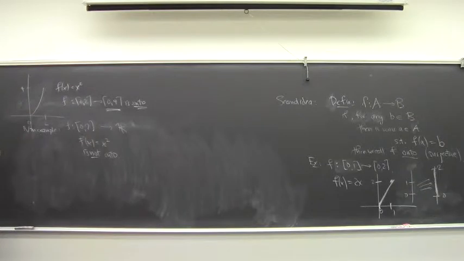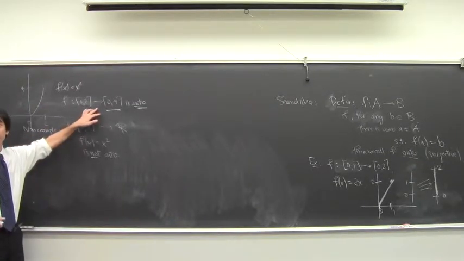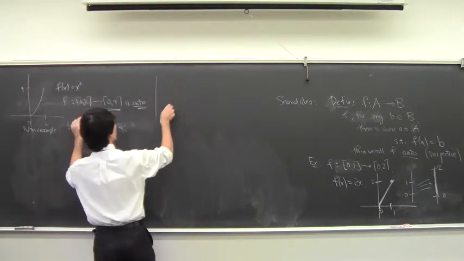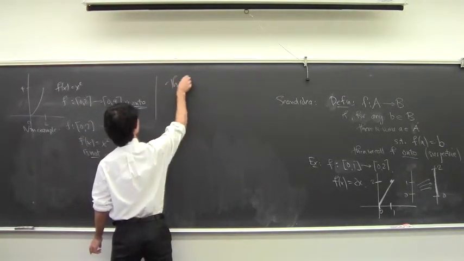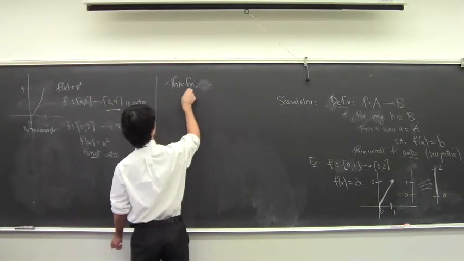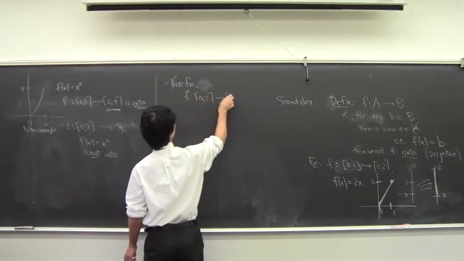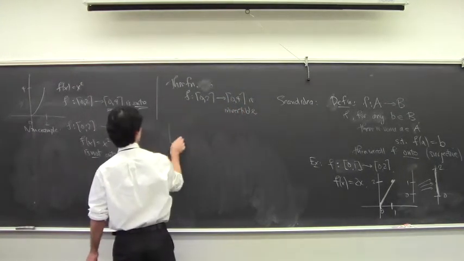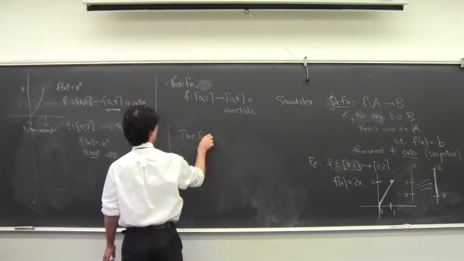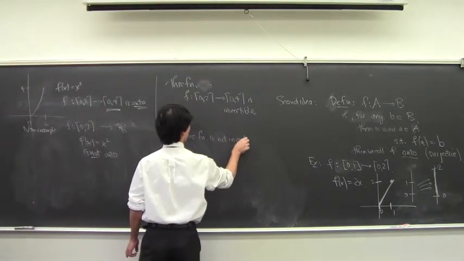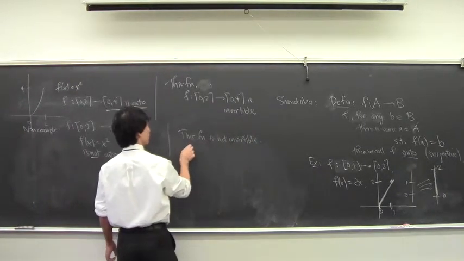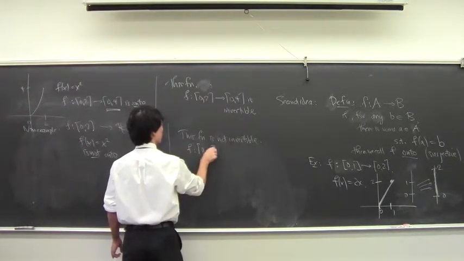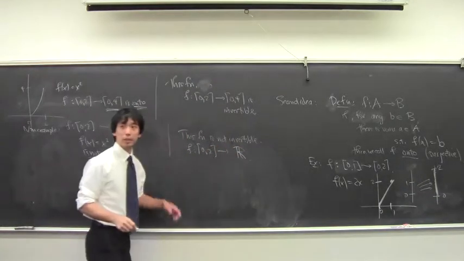Okay, so here's the thing I want you to notice. Is this function invertible? Think so. So here's the point. This function f from (0, 2) to (0, 4) is invertible. And this function, from (0, 2) to R, is not invertible.